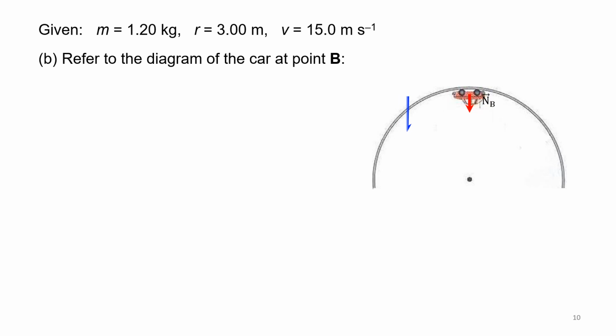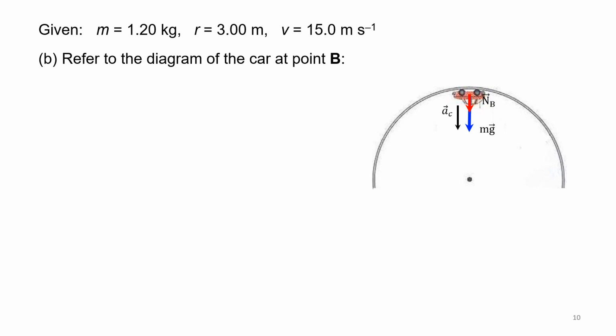And the second force is the weight of the car, which is always directed downwards to the center of the earth and we label as mg. And we know the centripetal acceleration is always directed to the center of the circle. Now we can solve the problem.